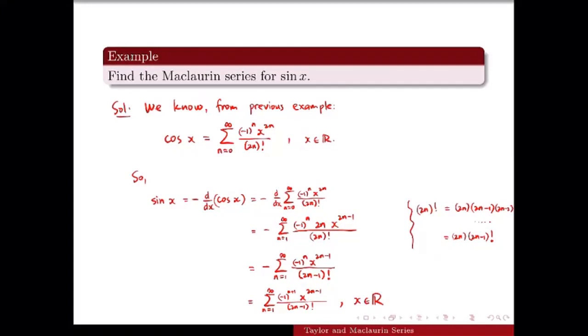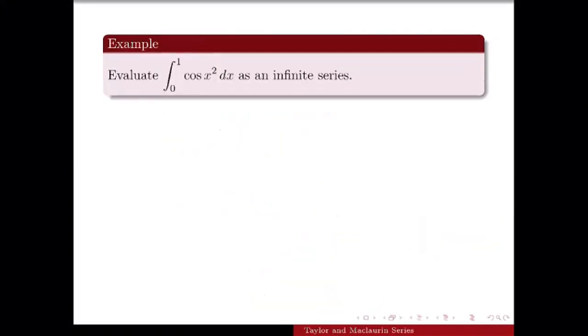Let's have another example here. Evaluate integral from 0 to 1 of cosine x squared dx as an infinite series. So again, without this guy here, you won't be able to do this using our standard techniques. So we have to do the infinite series way.